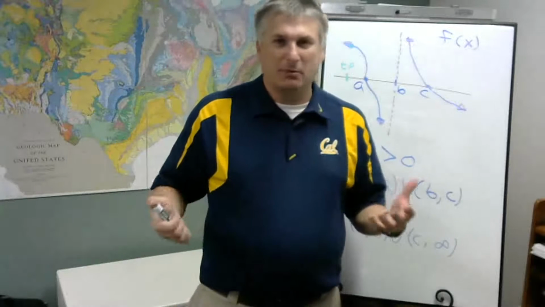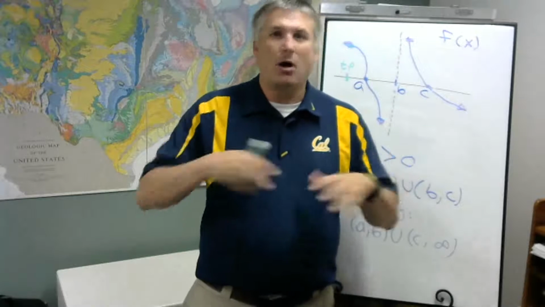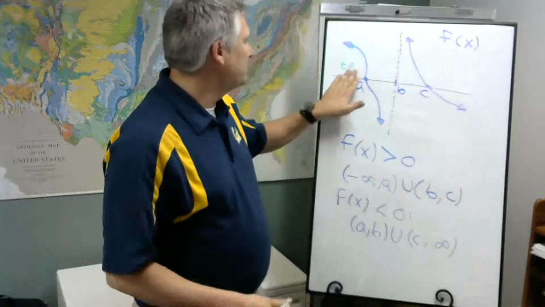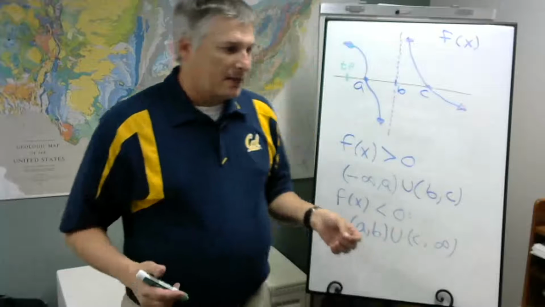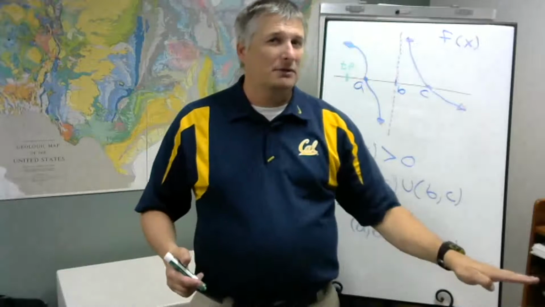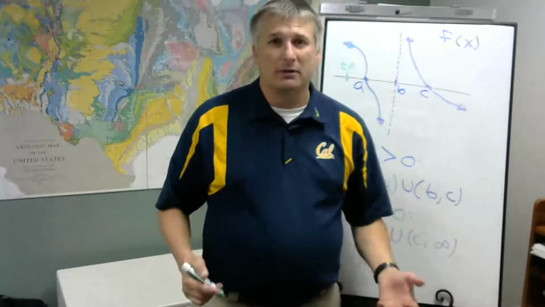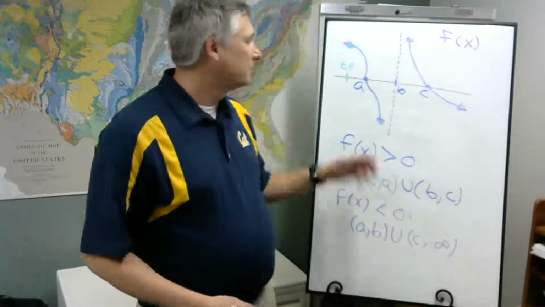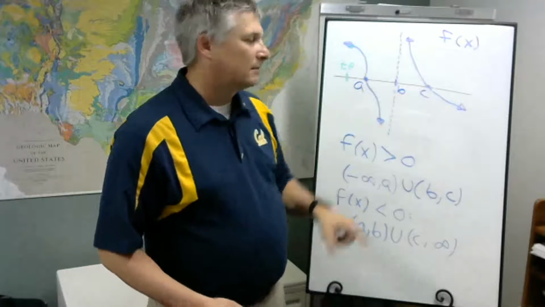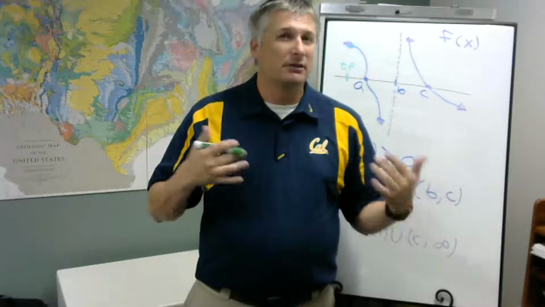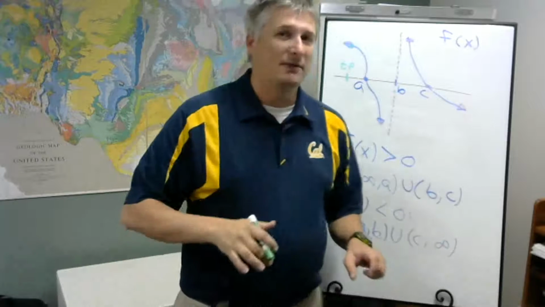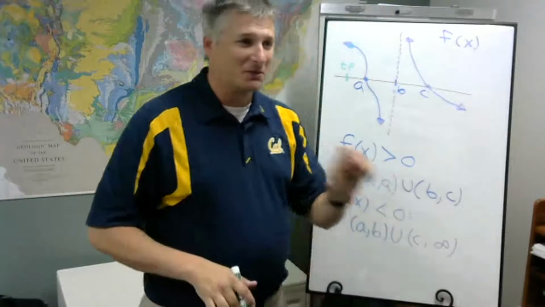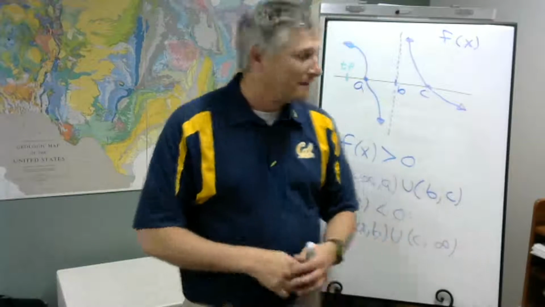What the test point really indicates is what all the points are doing. All the points in this interval are above the x-axis, and they can only dip below the x-axis if they cross over it. In other words, they have to pass through x-intercepts. You can't switch signs unless you pass through x-intercepts. There's a little caveat to that. I'll get to that in a second. There is a situation where you can.